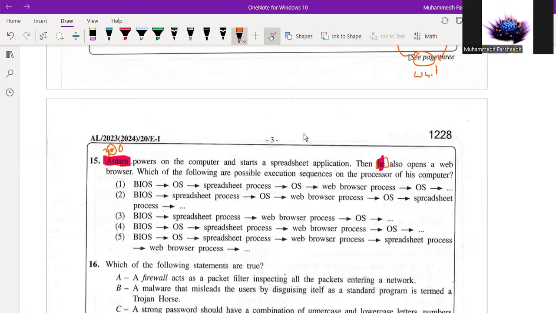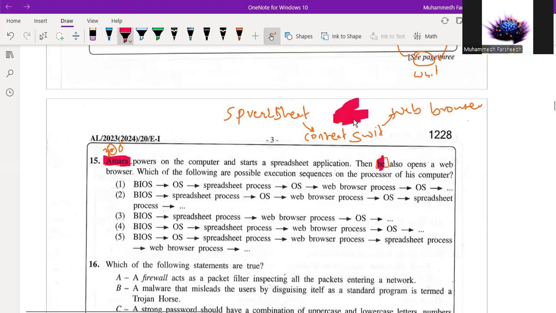Then he opens a web browser. So first it is the spreadsheet. Okay. So he makes a context switch to the web browser. It's a very easy question. A context switch is done by the operating system. Okay, the OS takes over the context switch. Sorry, wrong color by the way.